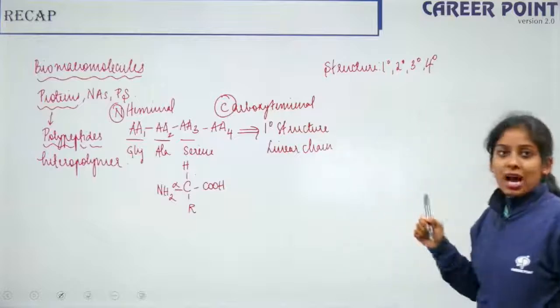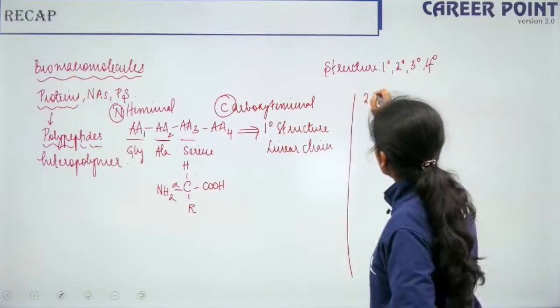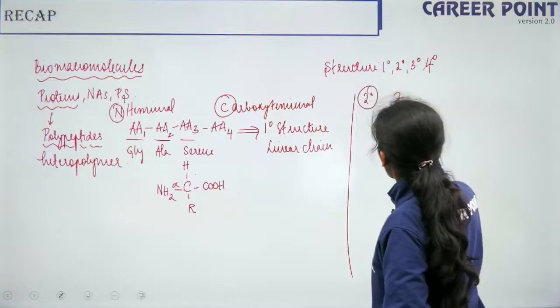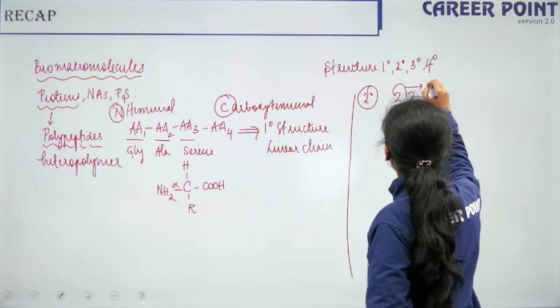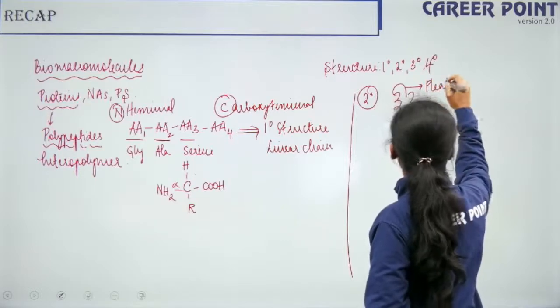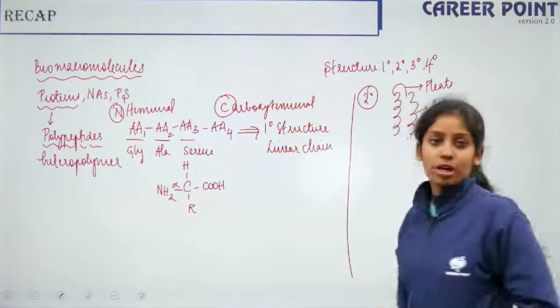Right, so this is how it is written. So moving further, we go to the secondary structure. The secondary structure consists of alpha helix. So these are your helix and these are joined by pleats. So we call them beta pleats and alpha helix. So this makes up your secondary structure, right?